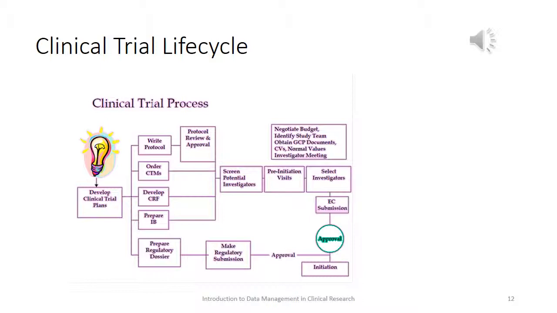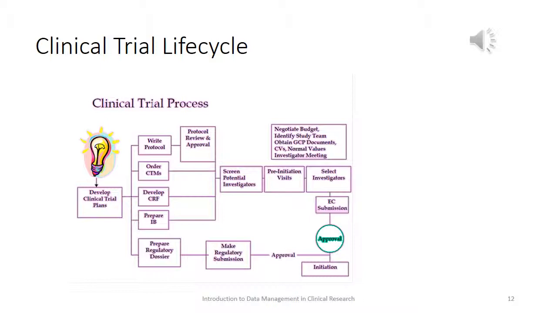So we develop our clinical trial plans and our protocol. So we write our protocol, we order our clinical trial materials, we develop a case report form or a database, depending on whether or not we're going to do an electronic data capture study or if we're going to perform the study on paper.